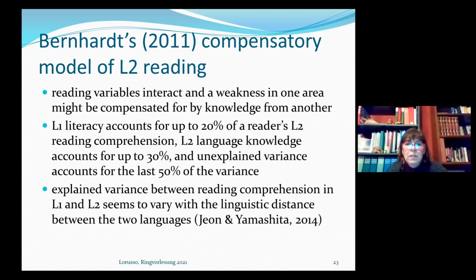According to the studies by this group, L1 literacy accounts for up to 20% of a reader's L2 reading comprehension. L2 language knowledge accounts for another 30%, and the remaining 50% of the variance is unexplained.